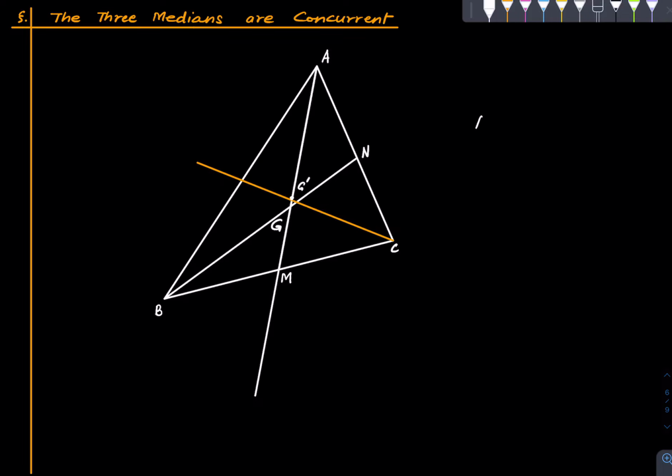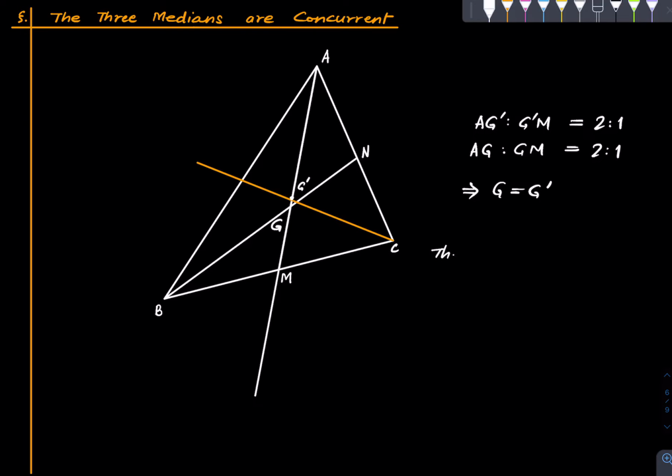But by the same reasoning, AG prime to G prime M is 2:1, and AG is to GM is also 2:1 by the previous slide. So this just forces that G is equal to G prime. Right? There cannot be two different points which separate AM in this ratio. So that's a wonderful fact that the three medians are concurrent, and the point of intersection of the three medians is called the centroid.